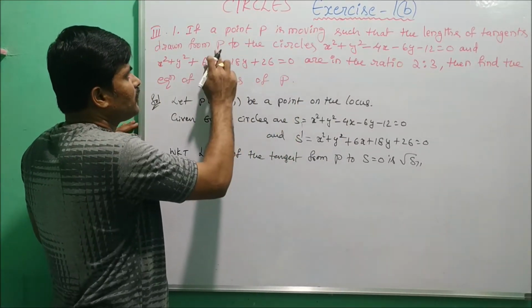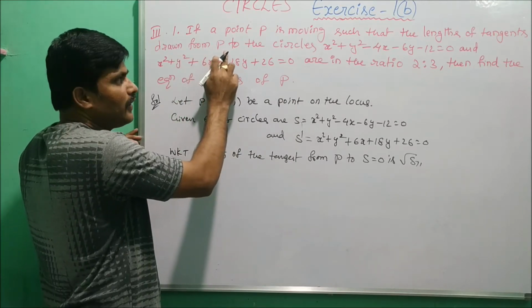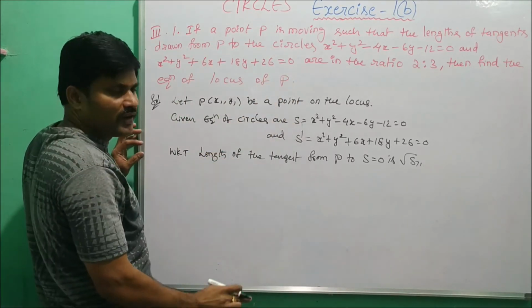So in the given problem, the lengths of the tangents drawn from the point P to the circles are in the ratio 2:3.